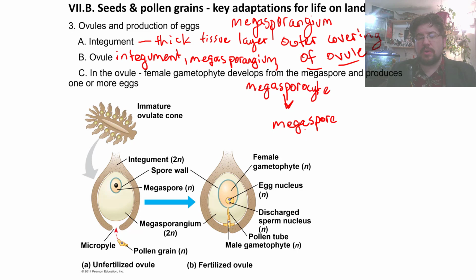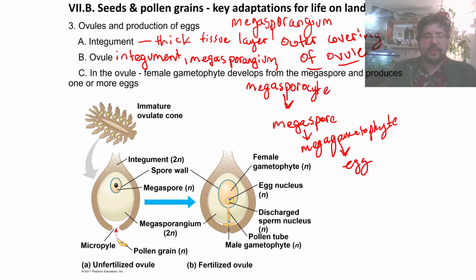And then that megaspore is going to produce the megagametophyte. And the megagametophyte produces the egg. So, the female gametophyte, the megagametophyte, develops from the megaspore and produces one or more eggs entirely within the ovule.